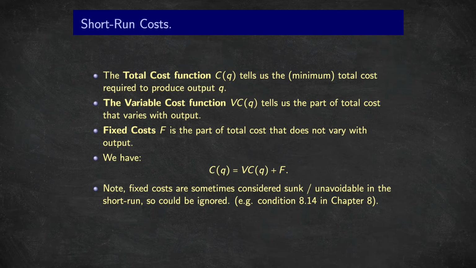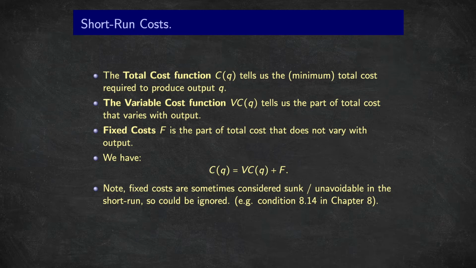So as a basic identity, we think of the total cost function C of Q being the sum of two parts. Firstly, the variable cost, which depends on output, plus some fixed cost, capital F, which does not depend on output.